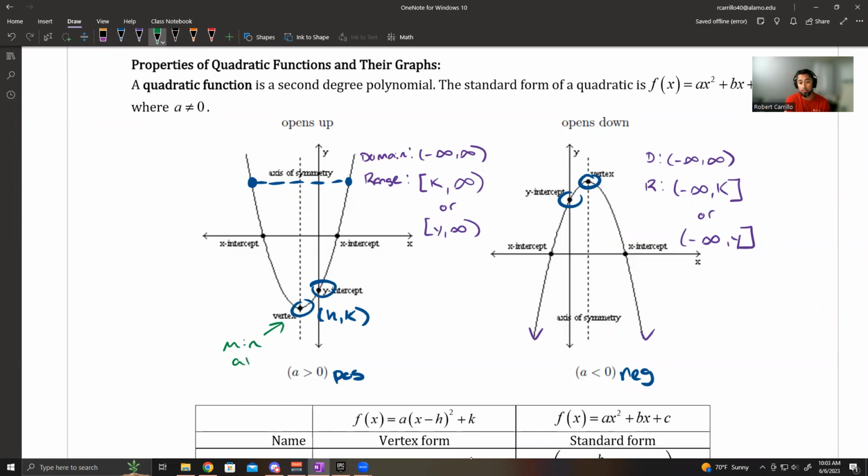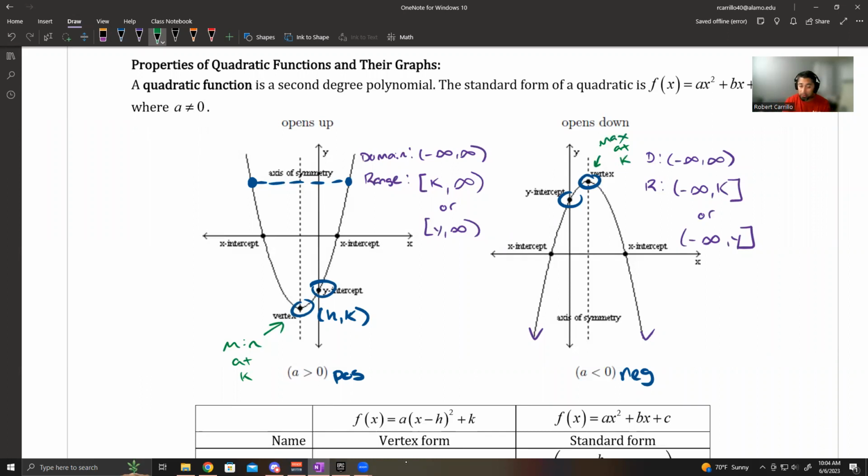So minimum at k. And if your parabola opens down, well, this becomes a high point. This becomes a maximum. And you'd have a maximum at k. So these are all the characteristics of our parabolas, whether they open up or open down.